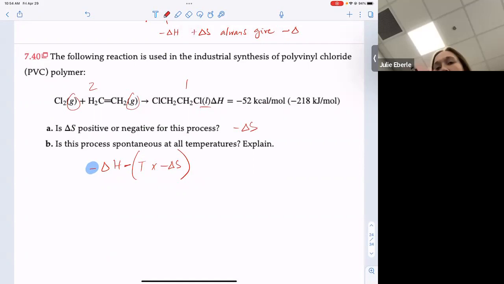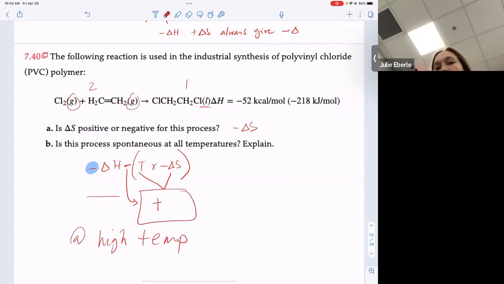Okay, at higher temperatures, T times delta S is going to be negative, right? Because delta S is negative, and temperature is always positive. You can't have a negative Kelvin. But then this negative out front times that is going to make this whole term positive, because negative times negative is positive. So the higher your temperature, at high temps, this whole term will outweigh your negative delta H. It would be bigger.